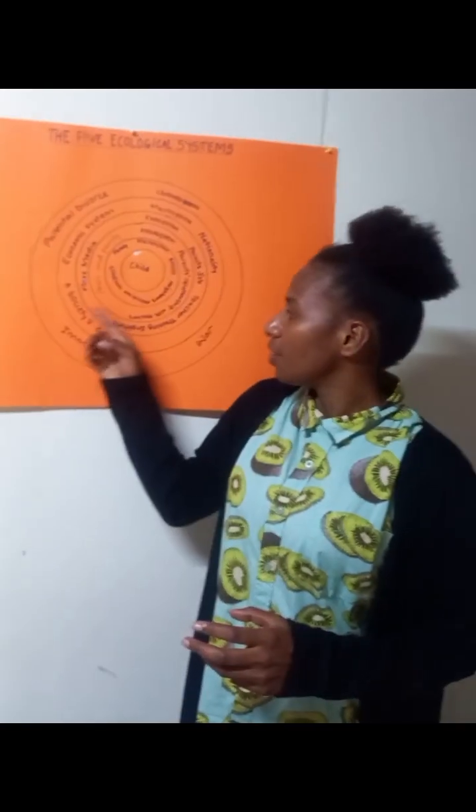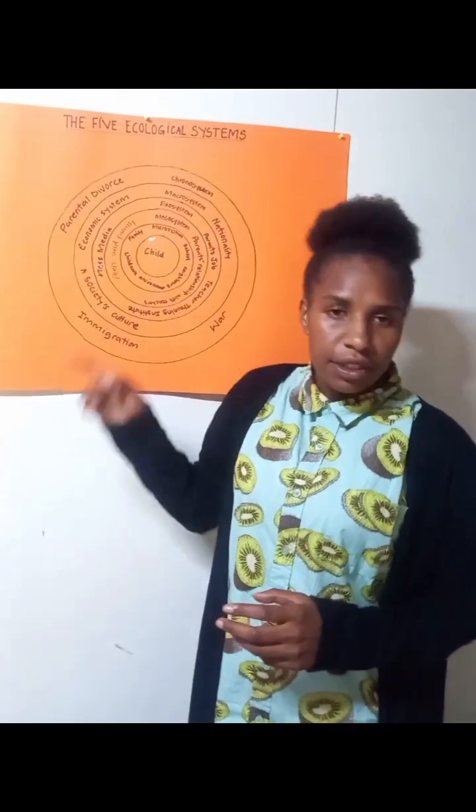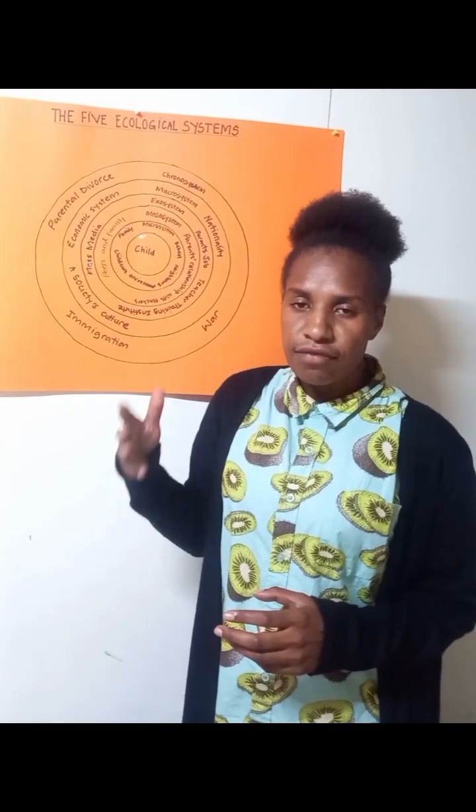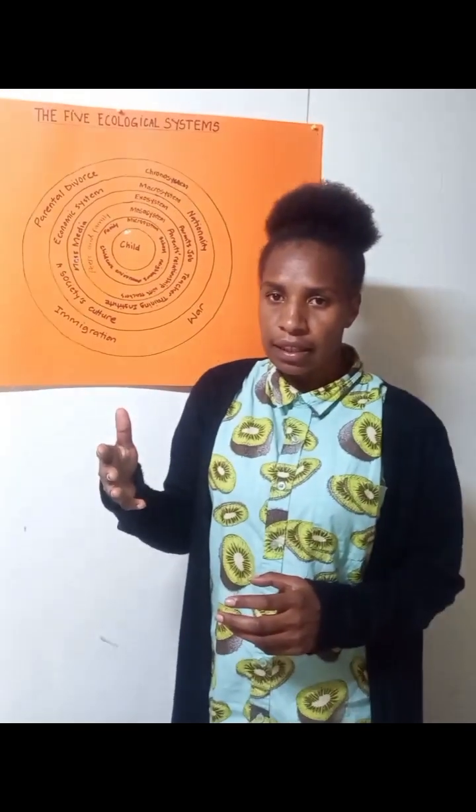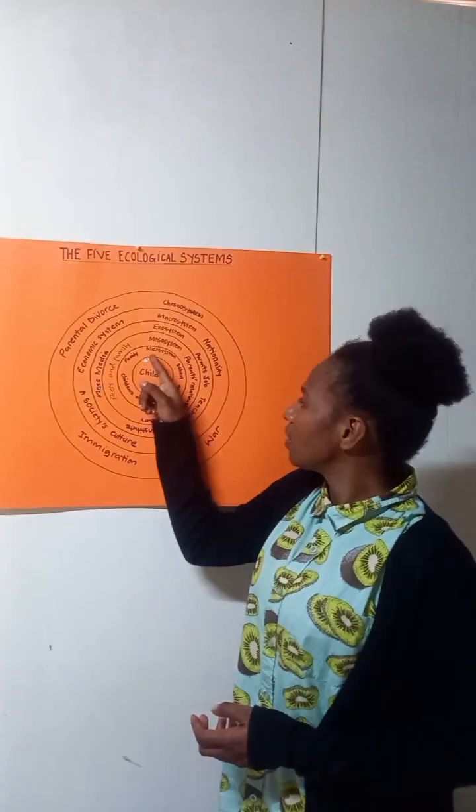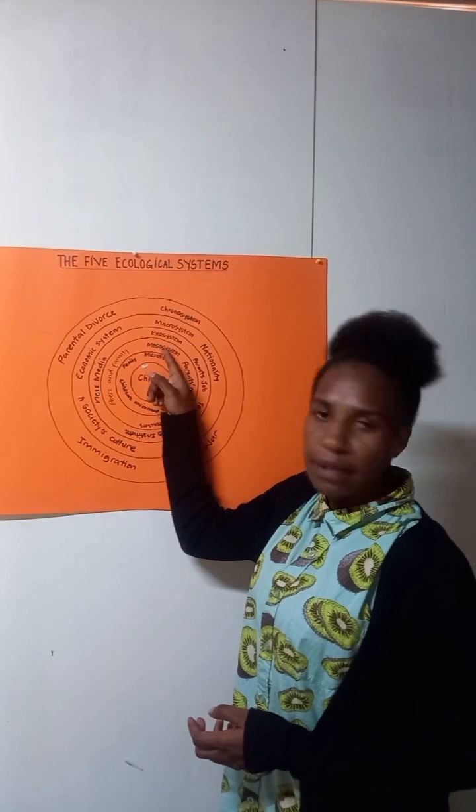So when the child's peers have positive characters, they can influence the child positively. And when they have a positive relationship, this can build a healthy relationship between the child's peers and the family. Now this concludes the second system, which is the mesosystem.